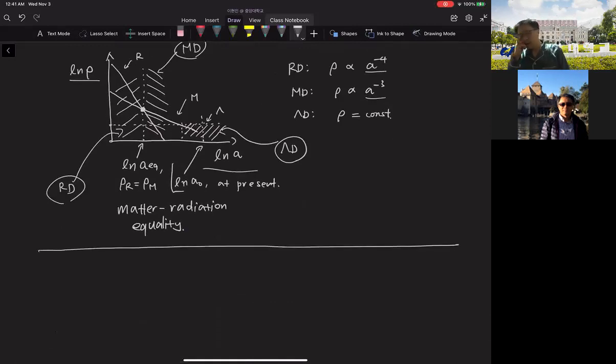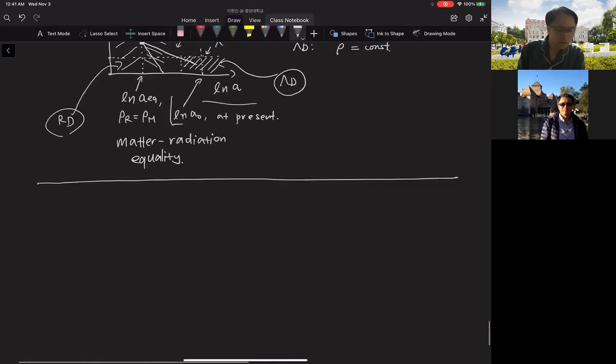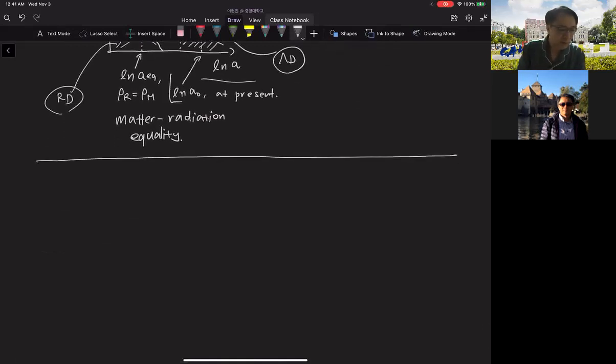And now it's time to think about equilibrium thermodynamics here.